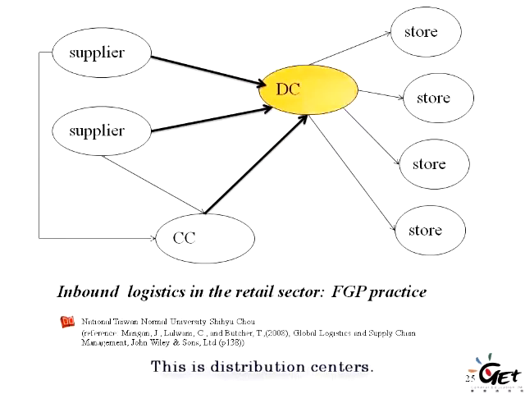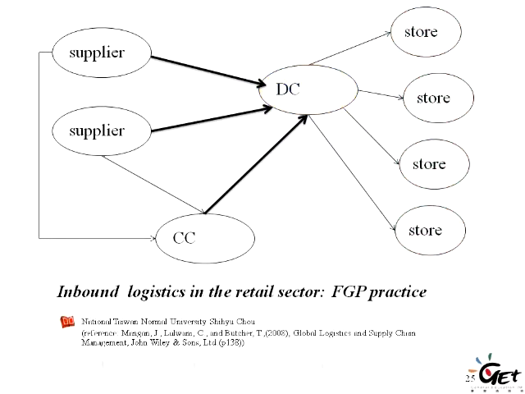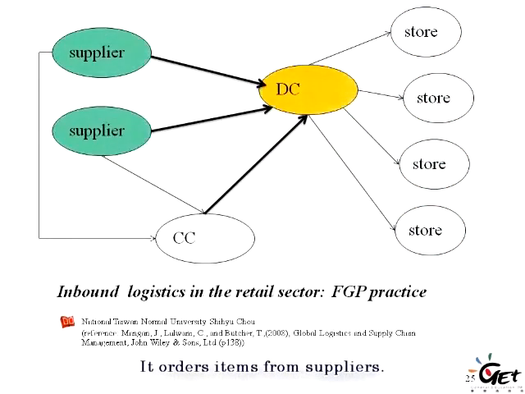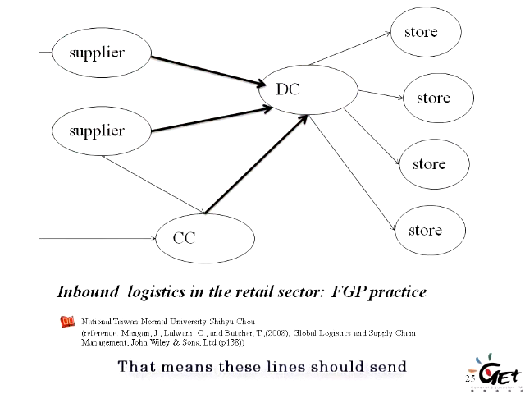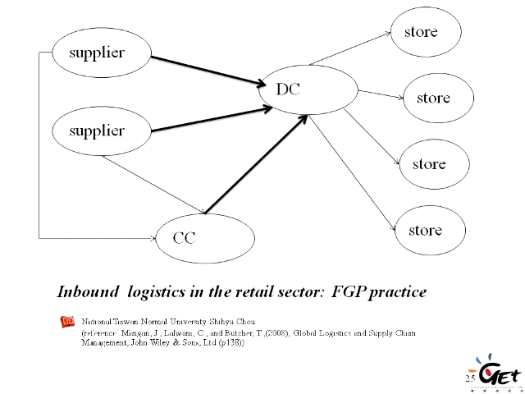This is a distribution center. It services different retail stores nearby. It orders items from suppliers. These are bulk lines, which means these lines should send products in full truckloads. Otherwise, the DC will not accept their delivery.